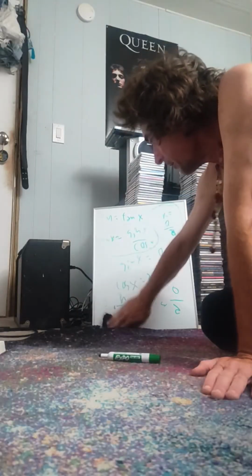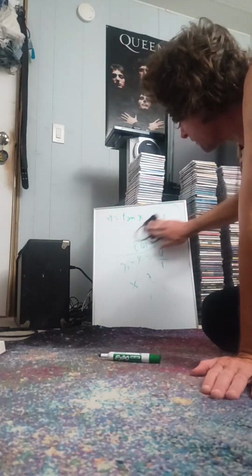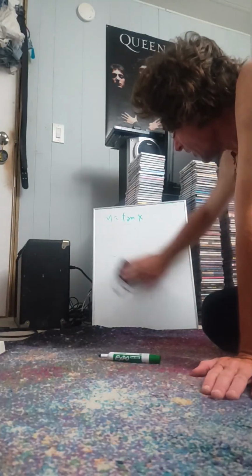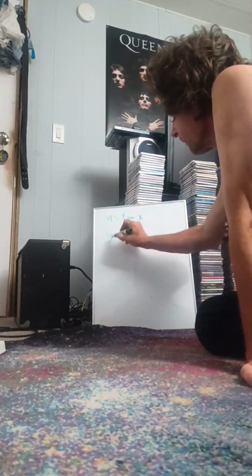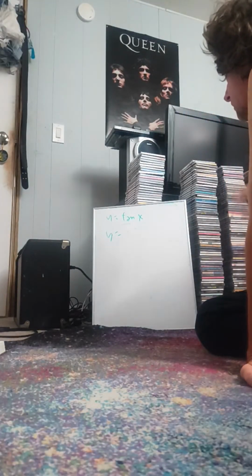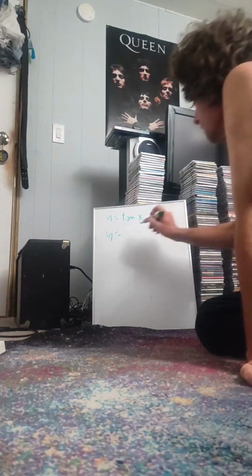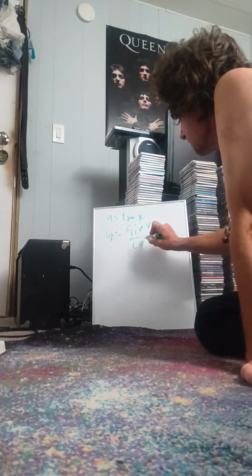Since we want to know the derivative of the tangent of x, let's rewrite that as y equals sine x over cosine x.